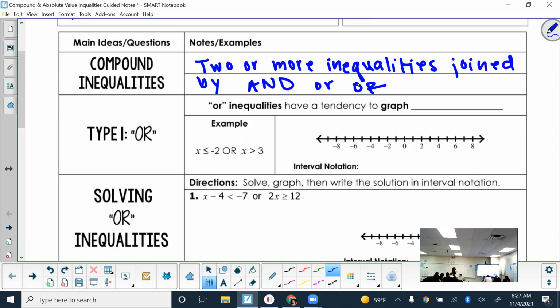All right, so the "or" inequalities have a tendency to graph apart. You guys remember what the "or" inequalities look like when we graph them? They go in opposite directions. They look like oars, like paddles, right?